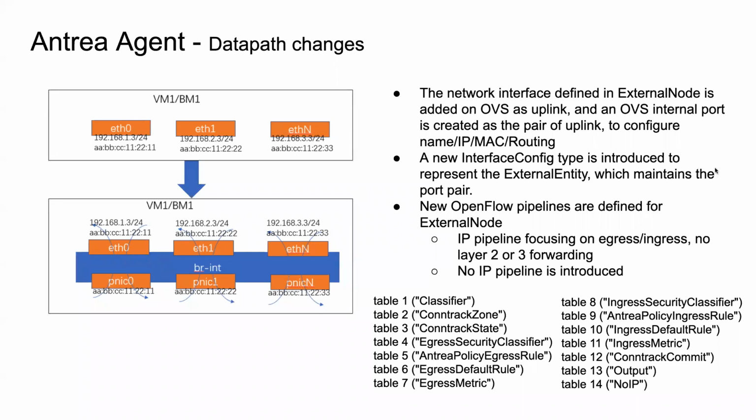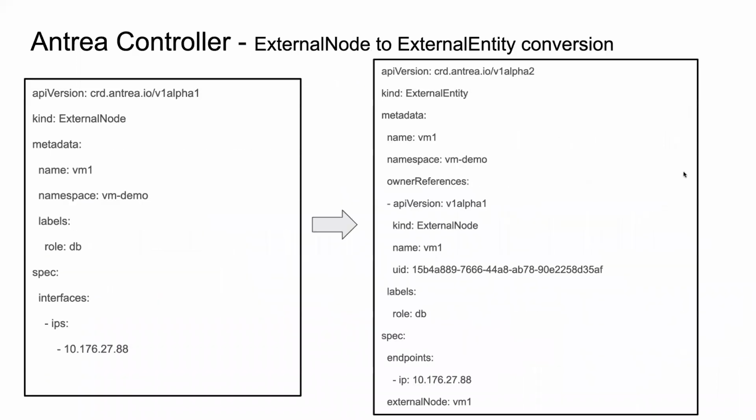Okay, so if there is no other question, I would like to seek a clarification on the relationship between external node and external entity. Can you go back to the slide that Mandy presented? So my question here, yep, perfect, this one. There would be a controller, I assume, that reads this information and creates the external entity resource.